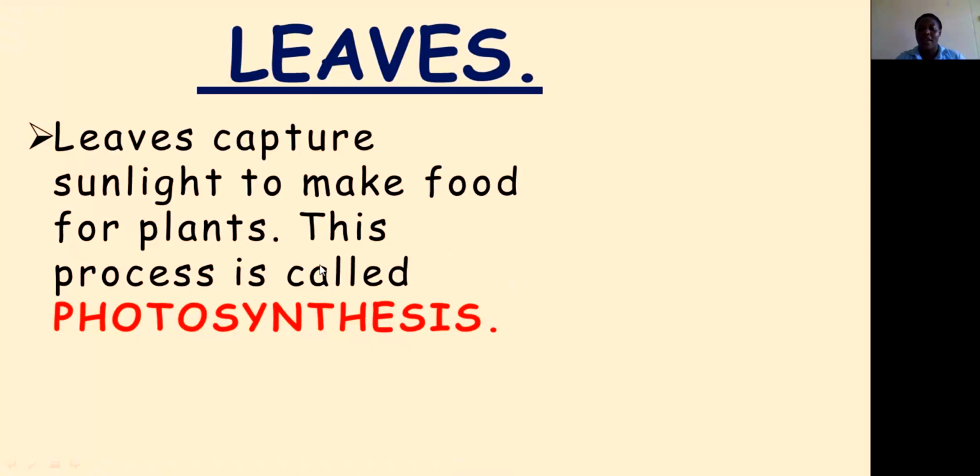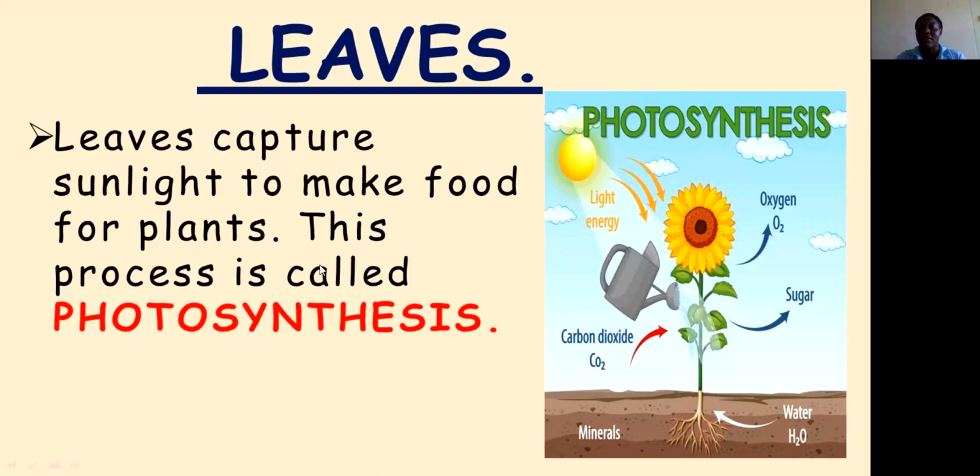So, here you should know that plants make their own food in the leaves. And then this process of making food is called photosynthesis. Photosynthesis is a process in which plants make their own food.